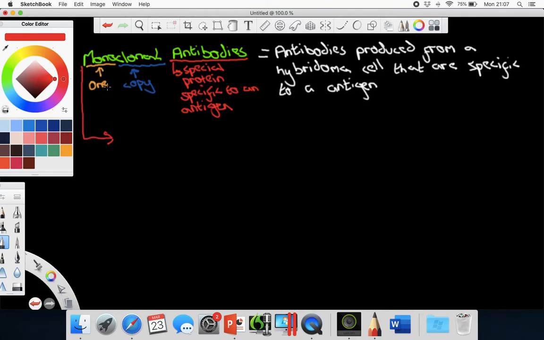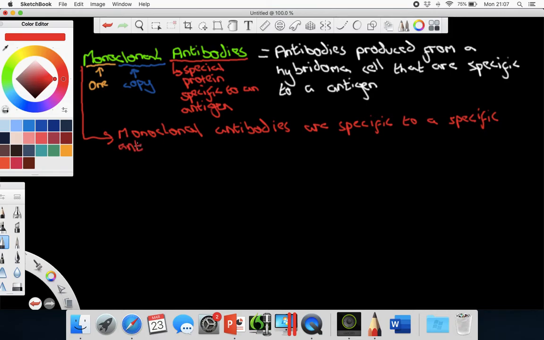We can say that monoclonal antibodies are specific to a specific antigen.